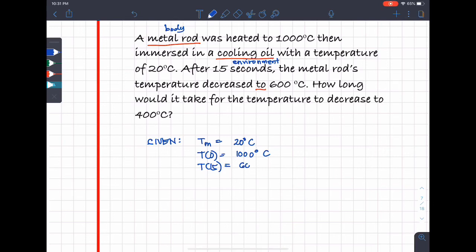But if we found there that instead of "to," it was written that it decreases by 600 degrees Celsius, then we have to subtract the 600 from the original 1000. But since this is "to," that pertains to the final temperature of the metal rod, 15 seconds after it was immersed in a cooling oil.